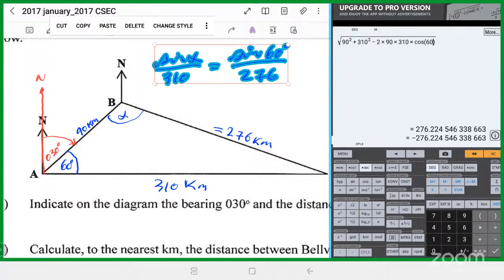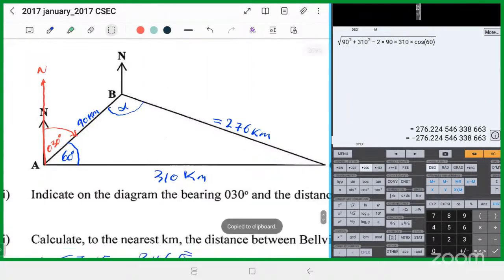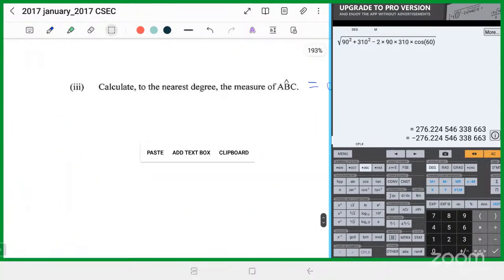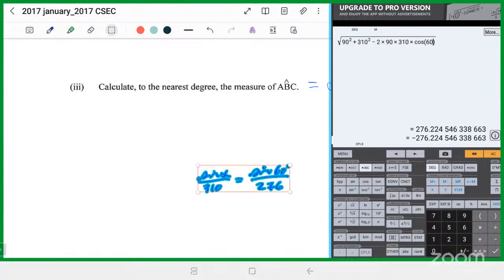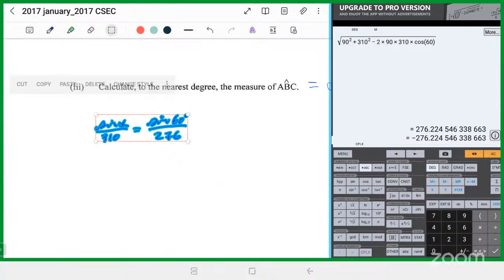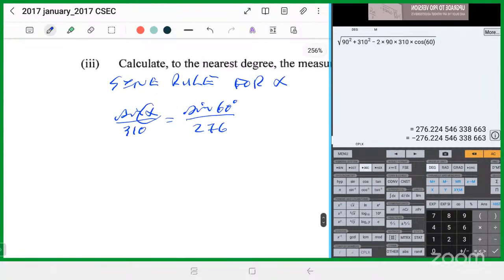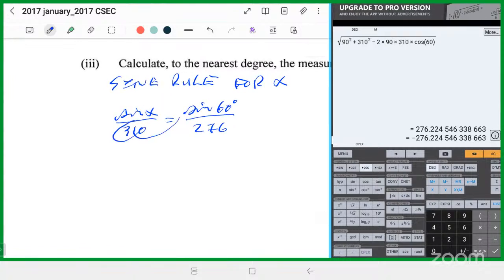All right, so let's copy this down. Put it down here. Tell the examiner we're using sine rule. Find alpha. So to make alpha the subject now, you multiply by 310 first and put it in front of the sine.